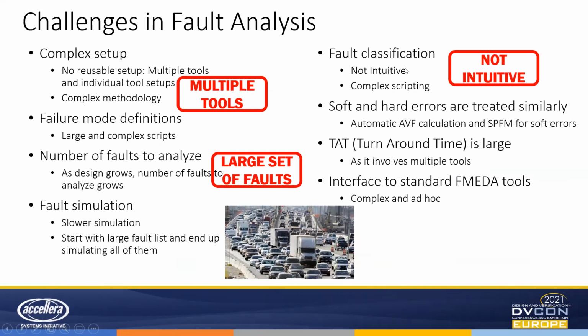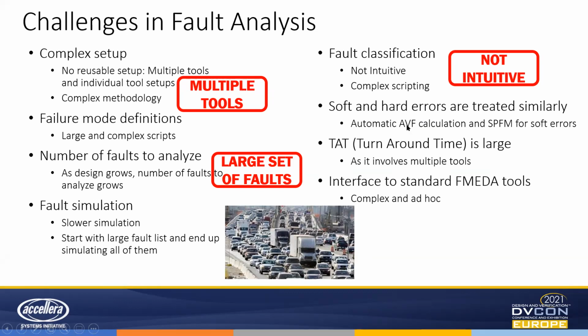And the fault classification is not at all intuitive, because every methodology follows its own definitions of what a fault is that is detectable, that is correctable, and things like that. So there are no standard definitions, and it's not intuitive for the user to map into the FMEDA or ISO 26262 classification. All the tools or methodologies handle soft and hard errors similarly.